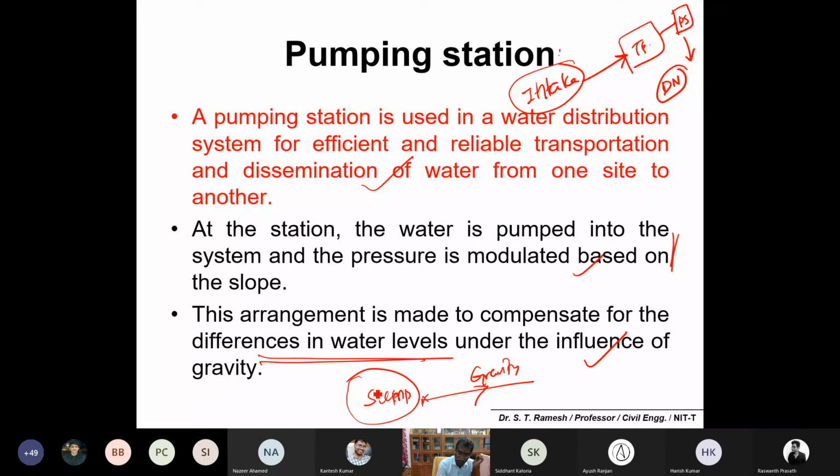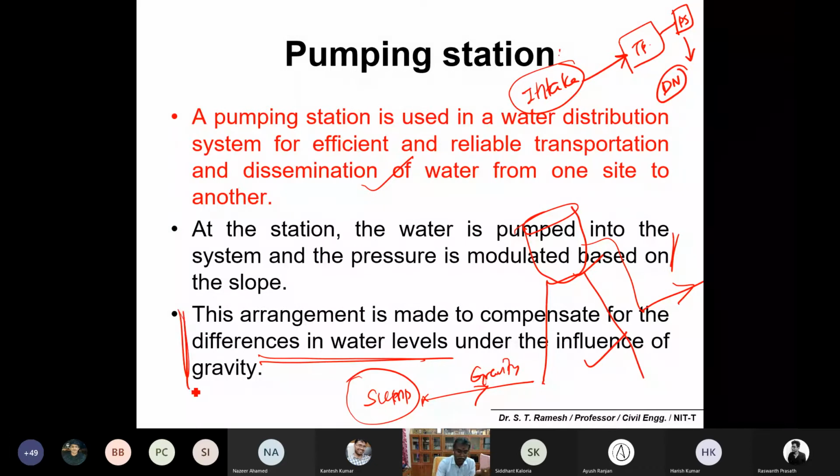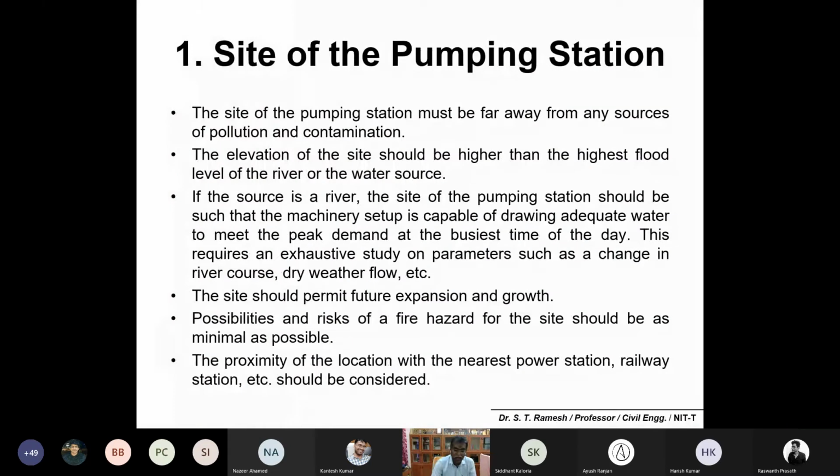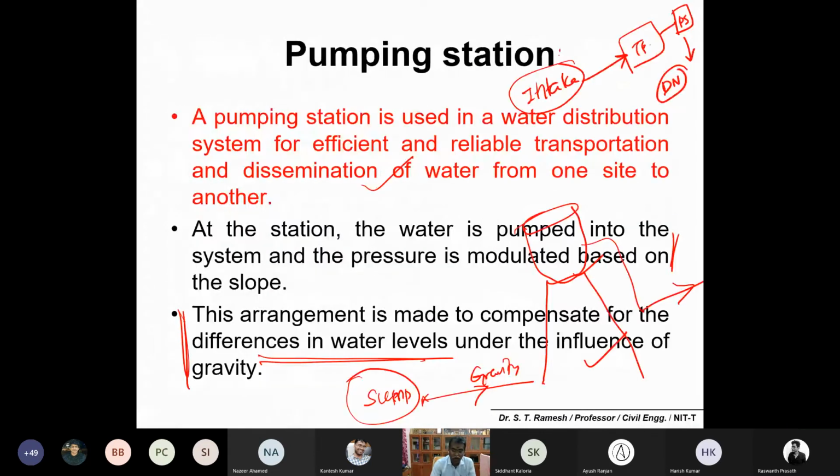So what I do is receive the water in a sump, pump it out and redistribute it into elevated water tanks. From the elevated water tanks, it is possible to give water to individual buildings based on your requirements. Is it okay? This arrangement is normally made to compensate for the difference in water levels under the influence of gravity.